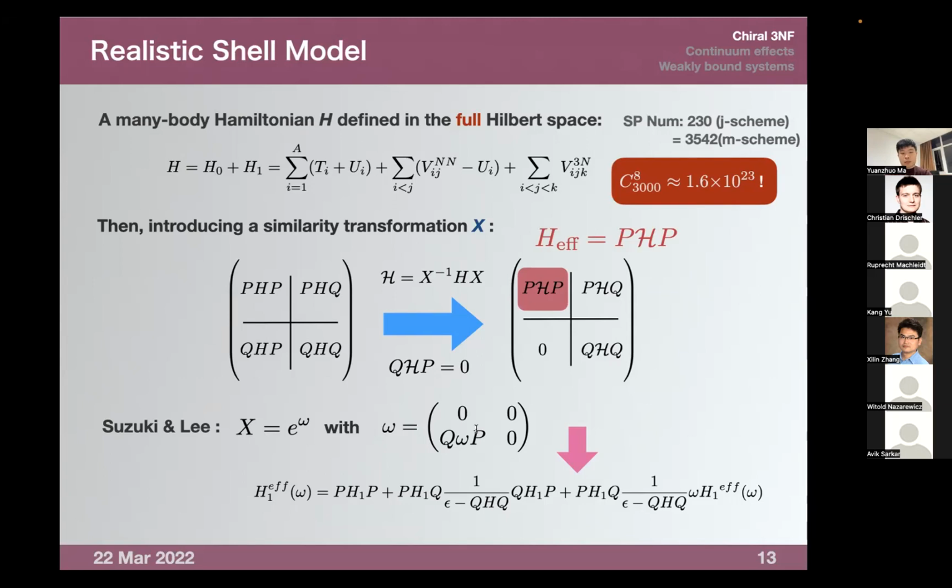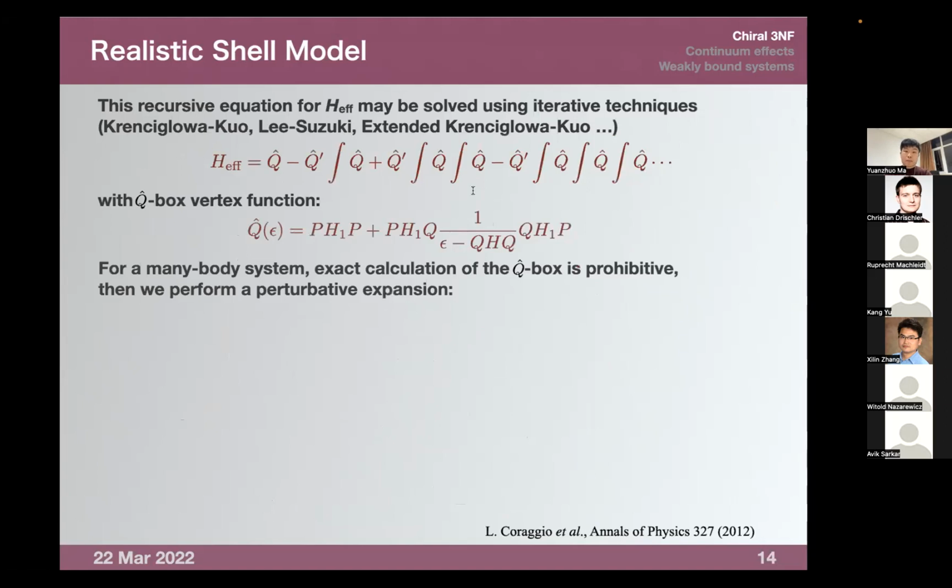And after some derivation, we get this recursive equation. This recursive equation can be solved by some iterative techniques like KK or EKK. But all of them are based on the definition of the Q-box vertex function.